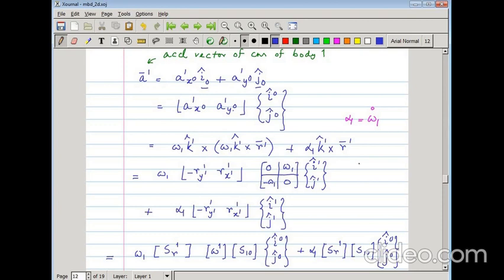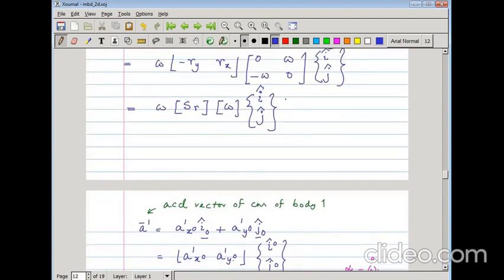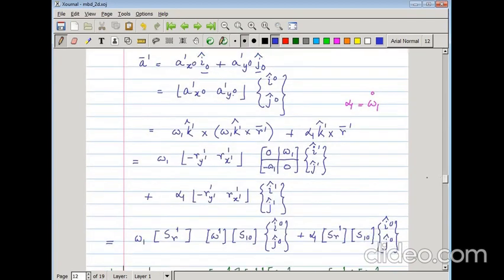Just in the same way as what we did here, we are writing it as omega 1. Here only the difference is we are putting the superscript 1 for body 1. So this is what we get for the first term, and for the second term we are using our previous way of expressing cross product.